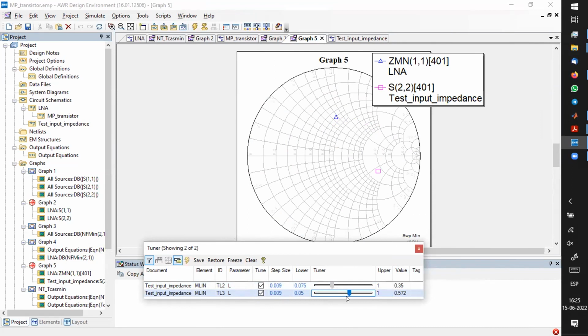Put a series transmission line and you can go around the Smith chart. Don't go just a little bit, maybe that one. Okay, there you go.